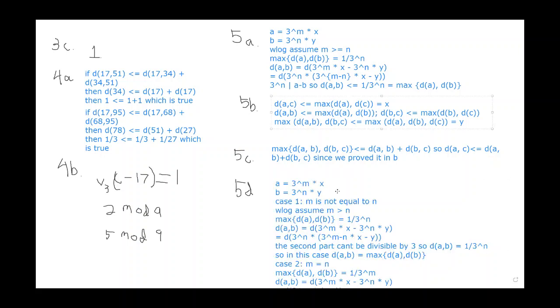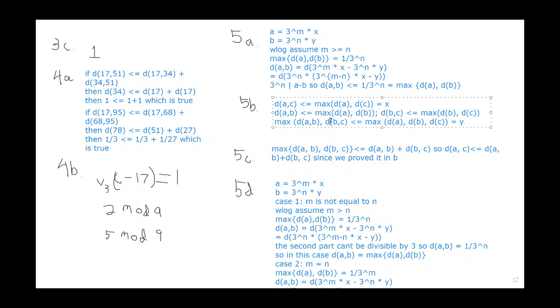Oh, it looks like this was the old version of 5B. All right. Looks like what I wrote for 5B is not here anymore. But if you recall, 5B was an application of 5A because A and B were two of the differences between the vertices.